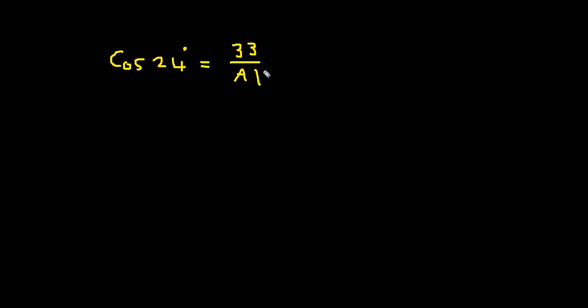Cross multiplication, we get AT equals 33 over cosine 24.